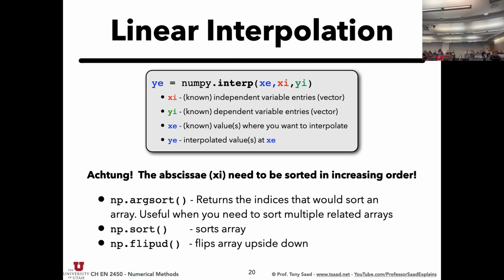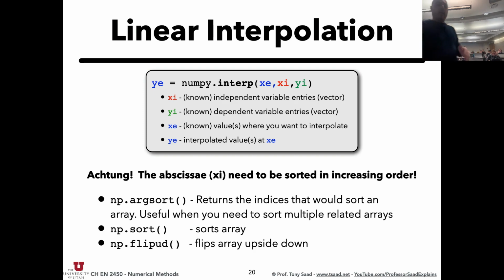You give it an array, and it returns the indices that would sort an array. This would be useful when you're sorting multiple related arrays. We'll talk about that in an example. np.sort just sorts an array, gives you a new array that's sorted. And np.flip flips an array upside down. So if it's increasing to decreasing, it flips it from decreasing to increasing, or whatever order it is, it flips it around. So you can use those 3 functions to manipulate arrays.